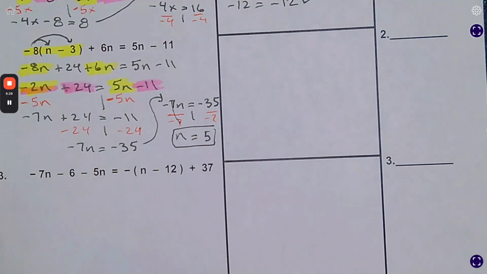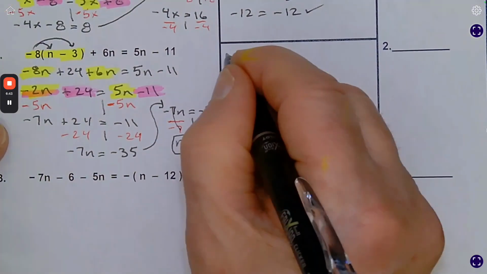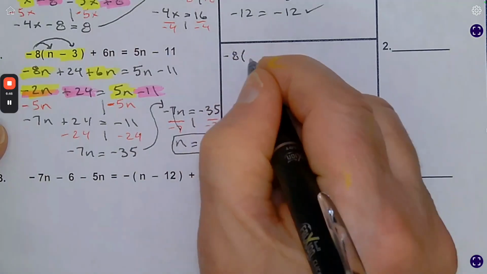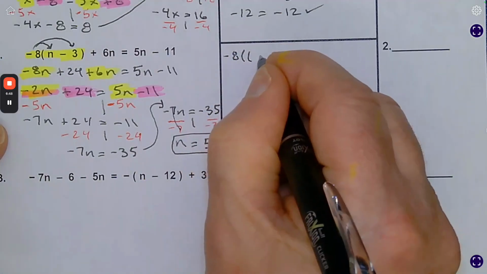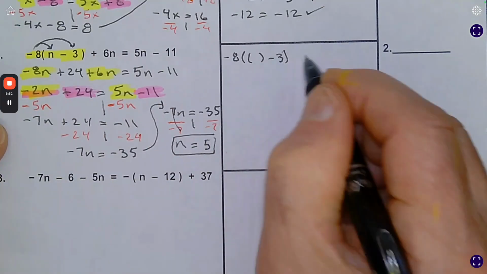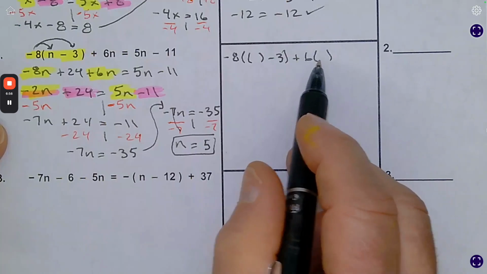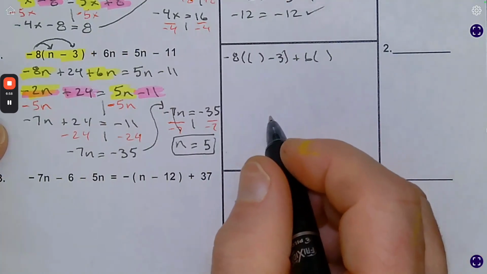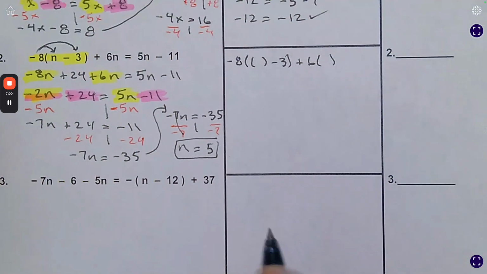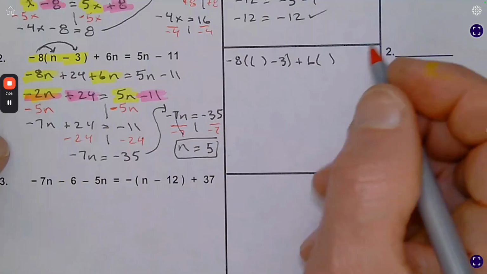Okay, let's check it. I'm going to say negative 8 times, open a parenthesis for that n right there, minus 3, plus 6, open a parenthesis for that one, and then I'm going to simplify that one first. This will be the left-hand side of the equal symbol, and then I'm going to simplify the other side after.